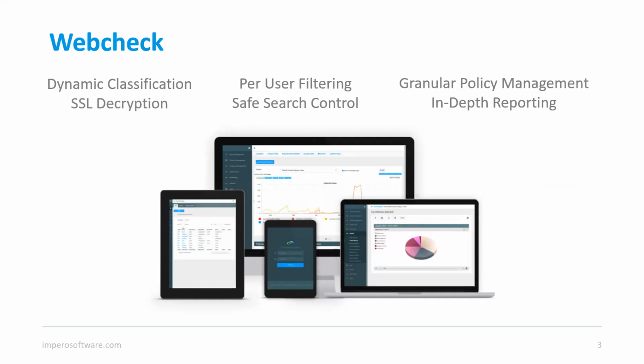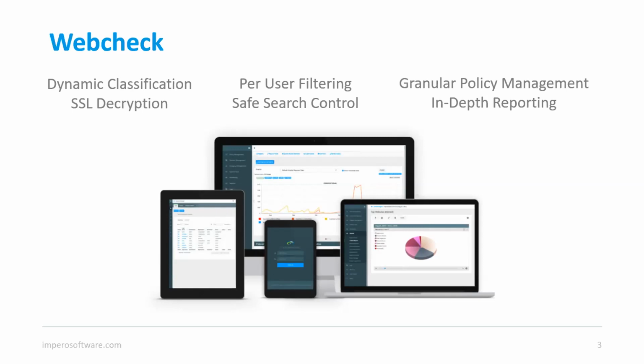Webcheck allows for dynamic classification. And what I mean by that is there are numerous websites, URLs on the internet that are uncategorized. That could be harmful, inappropriate content, but because it hasn't been categorized and set aside on a static list, it may be presented to students, and we don't do that.